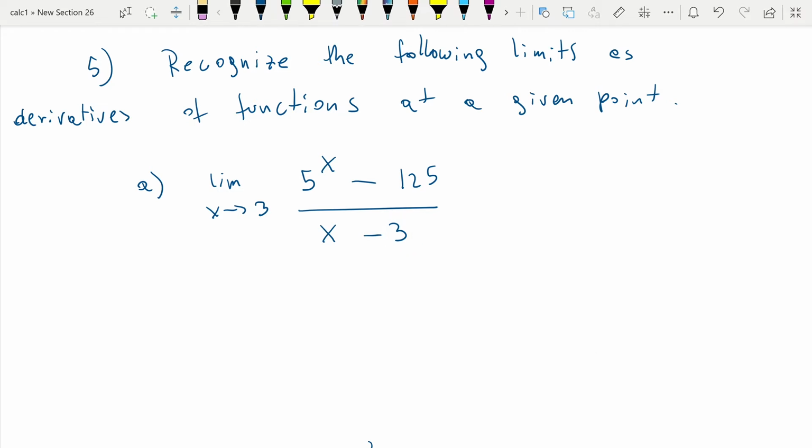So for the function, look at the upper left corner, and for the point, look at the bottom right corner. So x is approaching 3, so that's a giveaway that the derivative is going to be at 3.